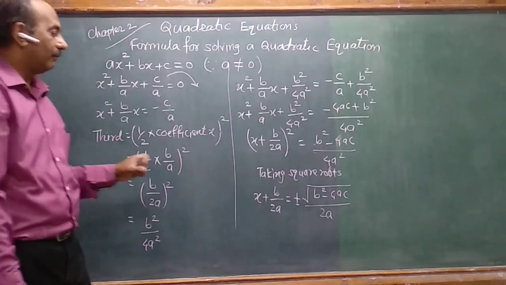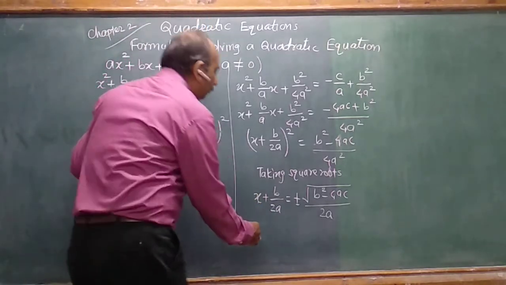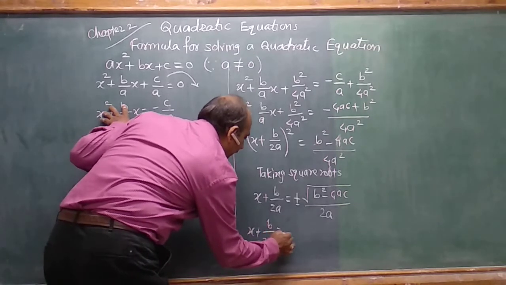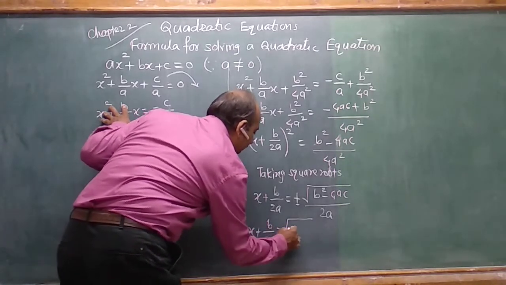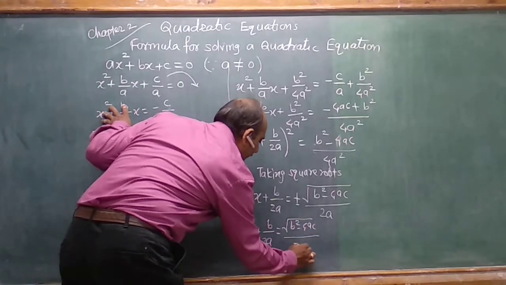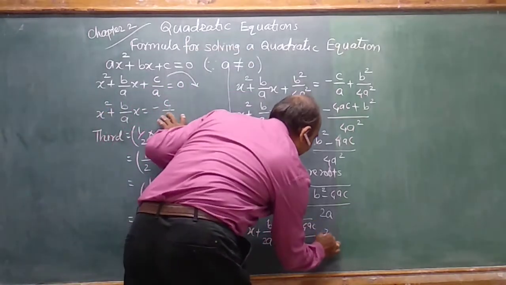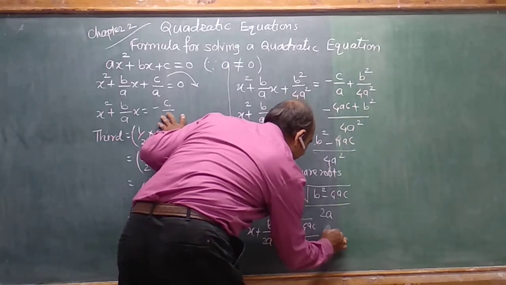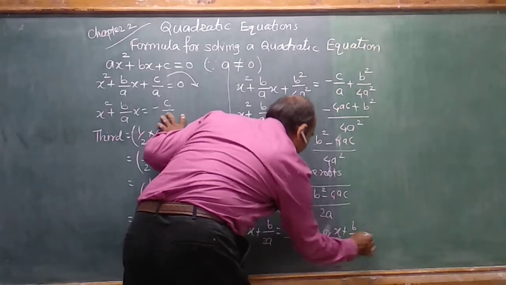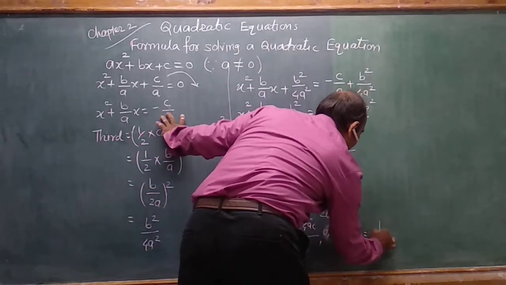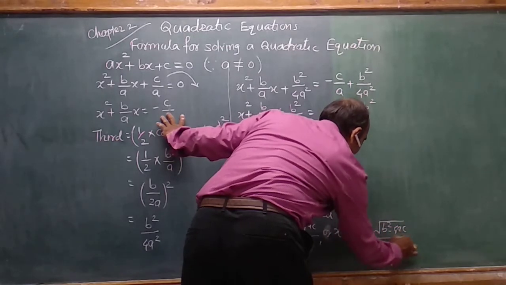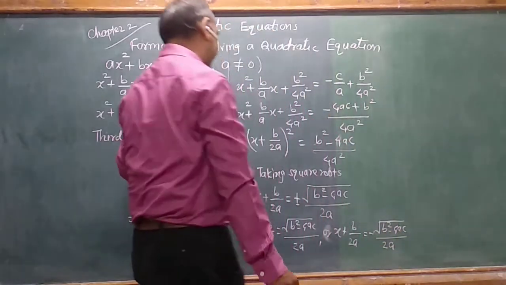Now, what should we get? x plus b upon 2a is equal to plus square root of b square minus 4ac upon 2a, or x plus b upon 2a is equal to minus square root of b square minus 4ac upon 2a.